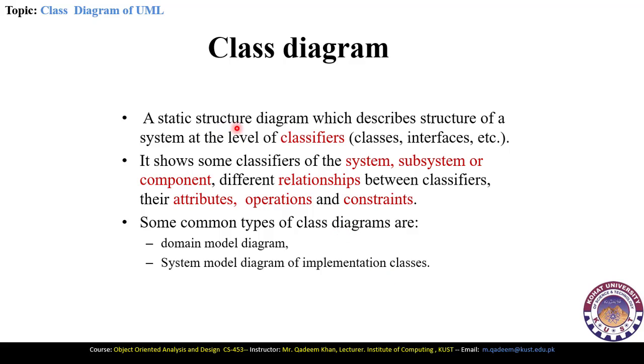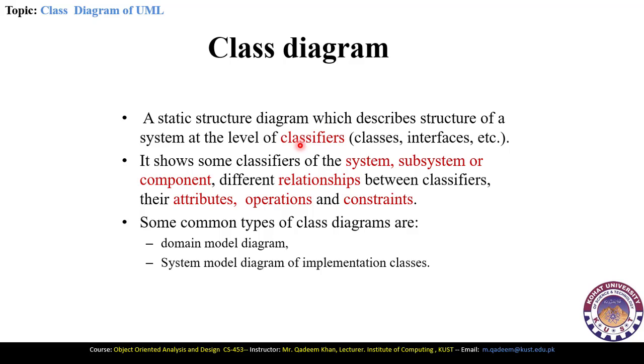Now class diagrams contain multiple different structures, and each class in the class diagram is called a classifier. Classifiers contain different classes and interfaces, and other objects can also be called classifiers.